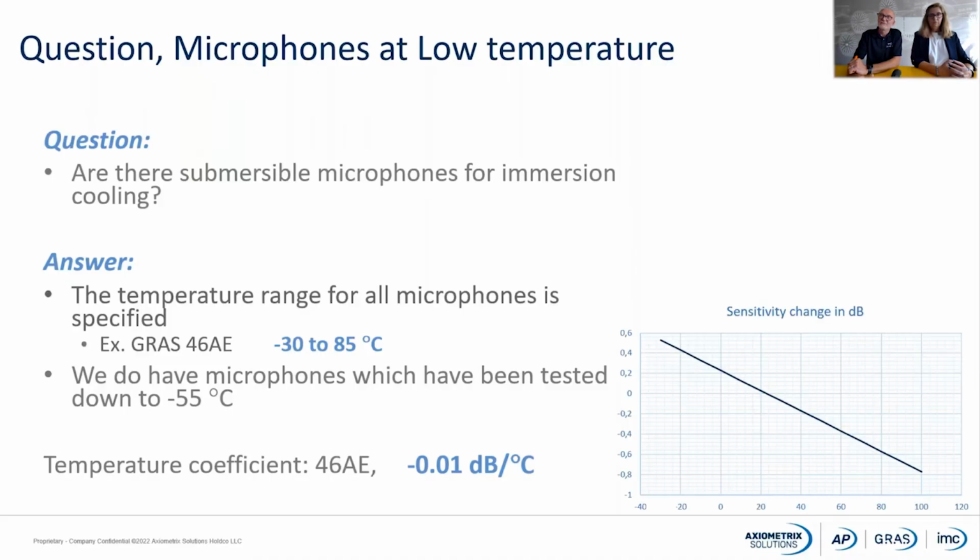So if your temperature range goes from minus 30 to, let's say, 100 degrees, then the sensitivity of the microphone will change by 1.3 dB over this range. I do hope this answers your question.